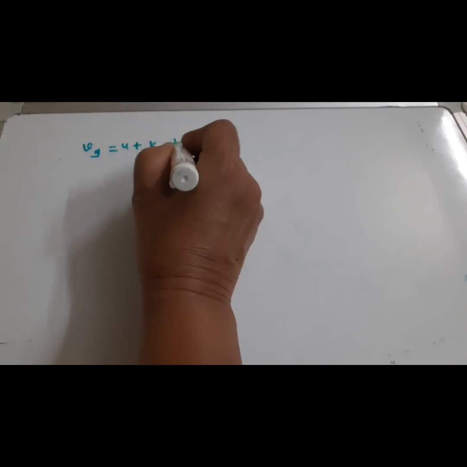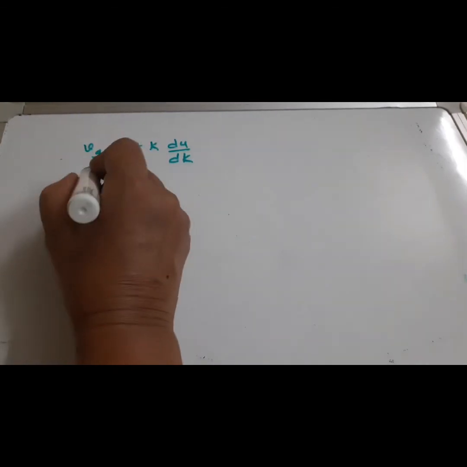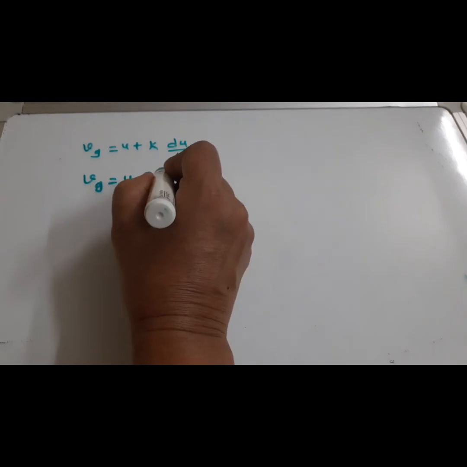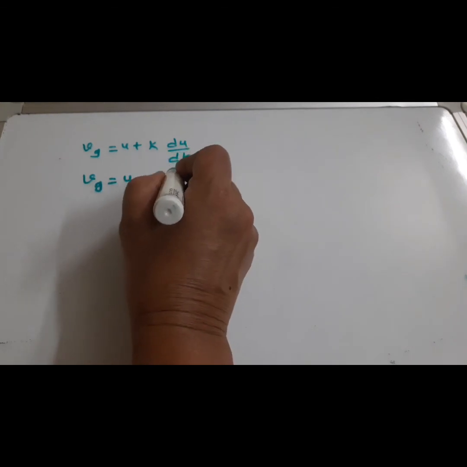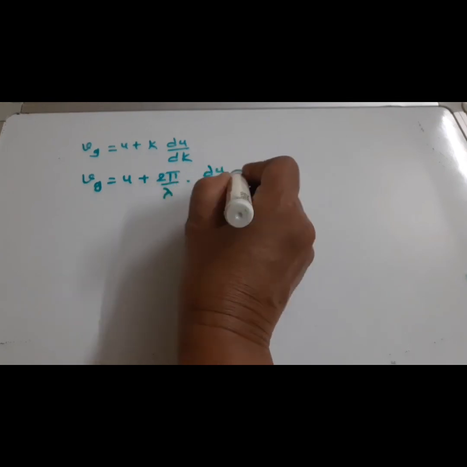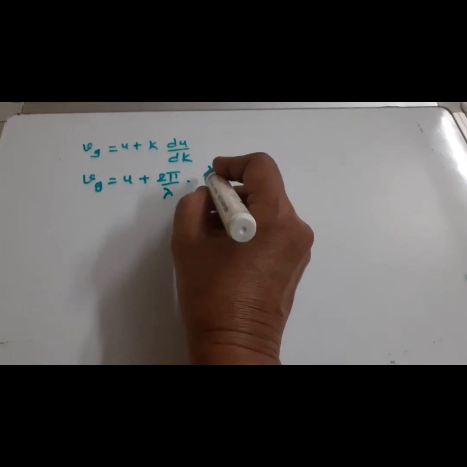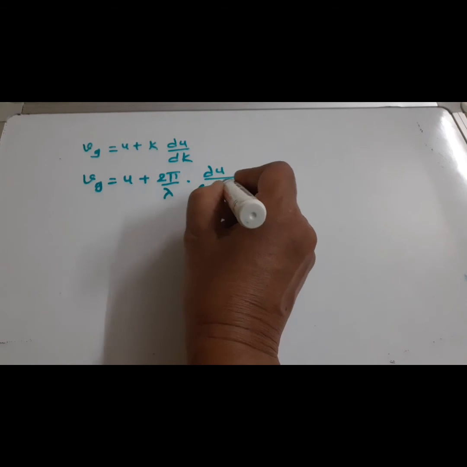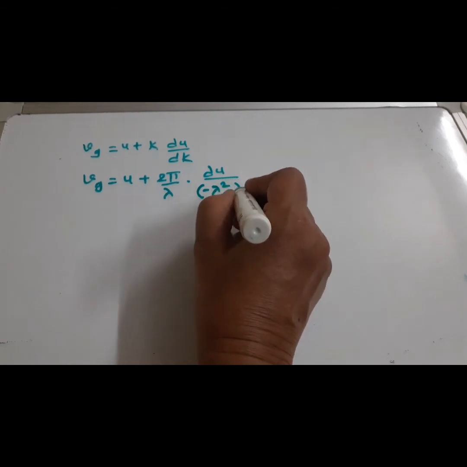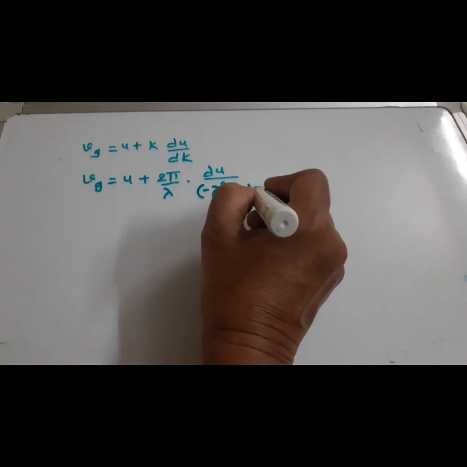Already we know that Vg is equal to u plus k du by dk, where k is equal to 2 pi by lambda and dk is equal to minus 2 pi by lambda square into d lambda.